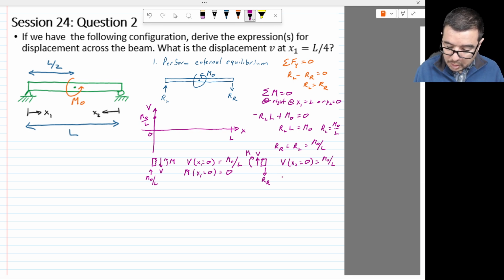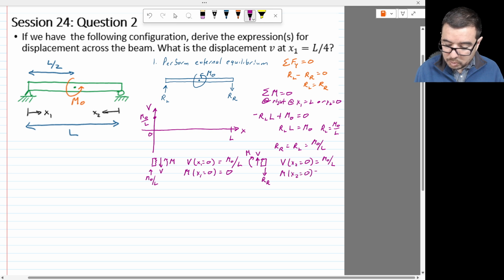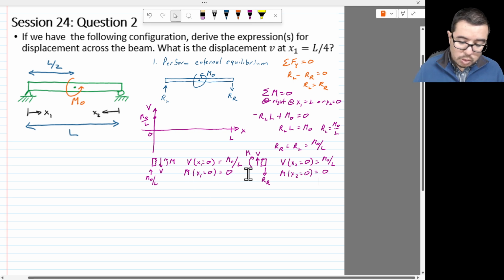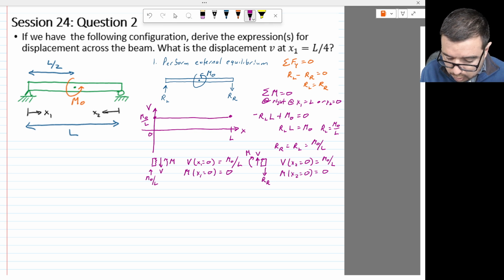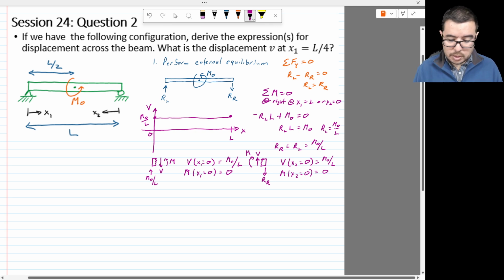And we can say that the moment at x2, the internal bending moment, is also equal to 0, like we had over here. So this is a boring looking shear force plot. It's just a constant, as we see there.